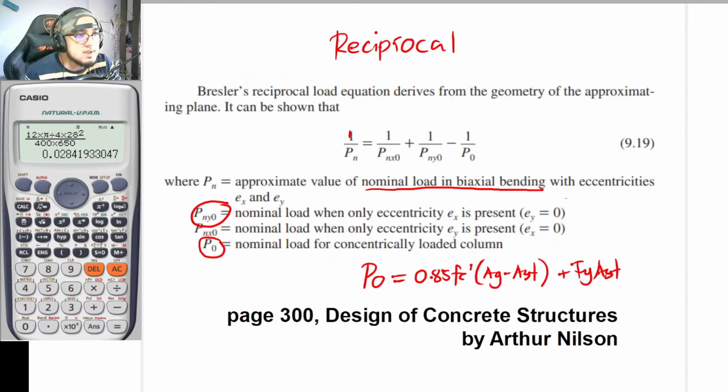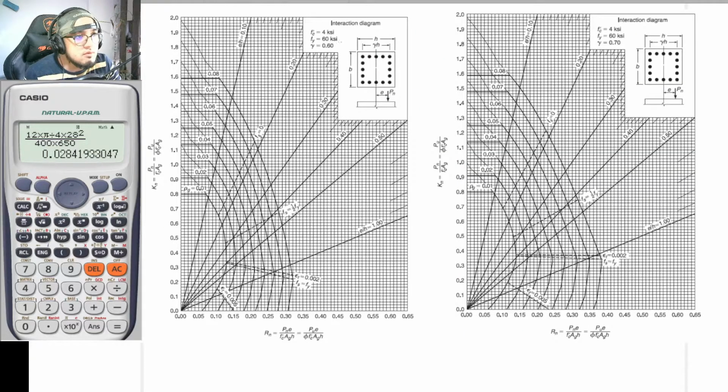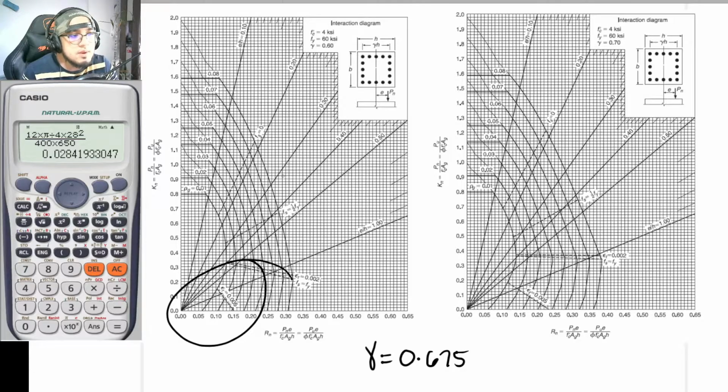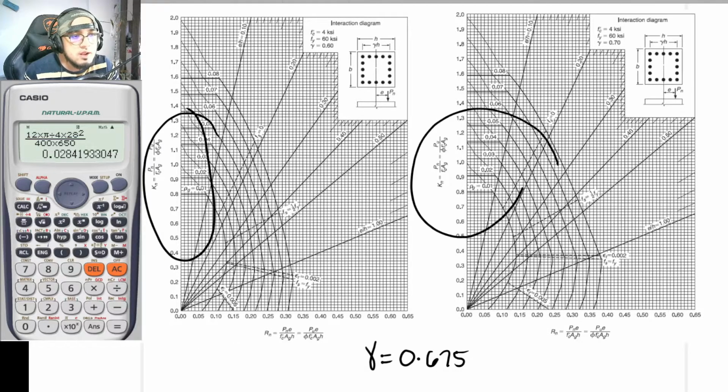So, ito yung gamma for 0.6, and this is now the interaction diagram for gamma equal to 0.7. So, dahil ang gamma natin is 0.675, it is in between this and this. So, ang gagawin ko, kunin ko yung value dito, kunin ko yung value dito, and then i-interpolate ko.